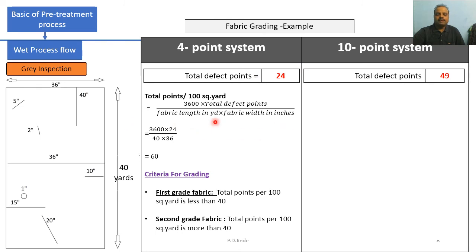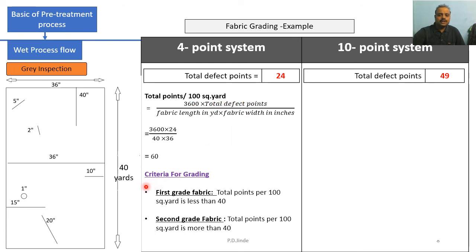So how do we calculate the area of the fabric? 36 into 40, fabric length in yards into fabric width in inches, 40 into 36. So when you do the multiplication and division, the answer is 60. So 60 is nothing but total points per 100 square yard.